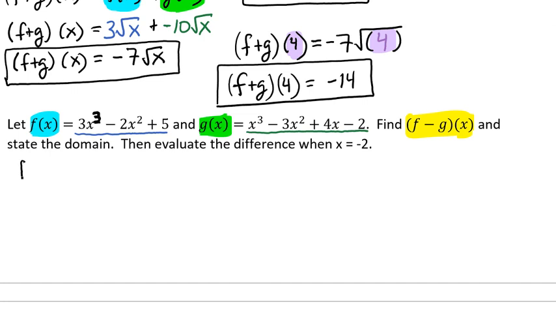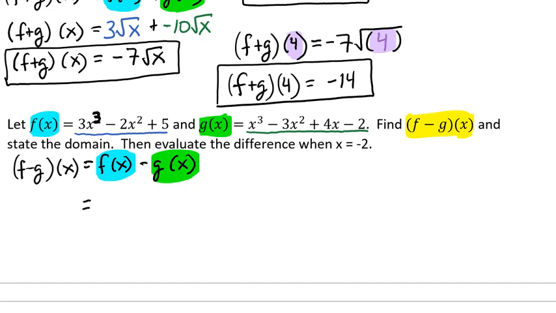So when we're finding the function f minus g of x, we're going to be taking our f of x and subtracting our g of x from it. So we're simply going to plug in our f of x and then subtract our g of x from that. So this is going to look like 3x to the third minus 2x squared plus 5 minus, but remember we're subtracting all of x to the third minus 3x squared plus 4x minus 2.